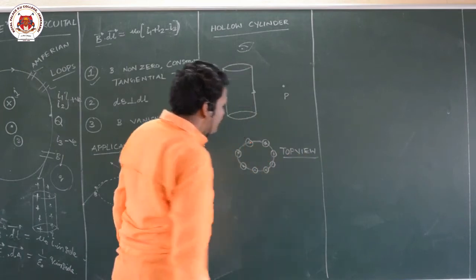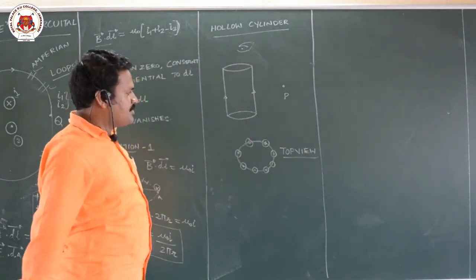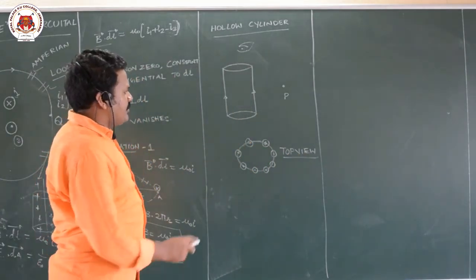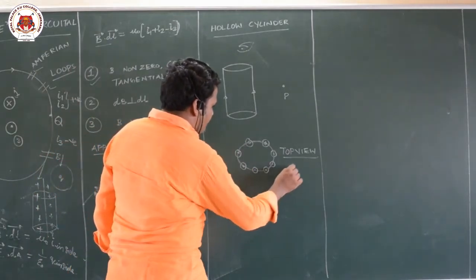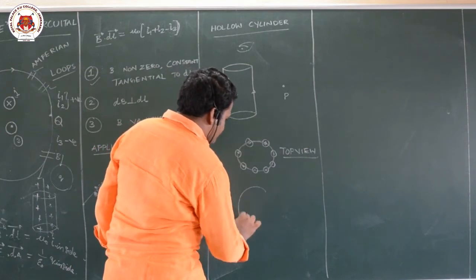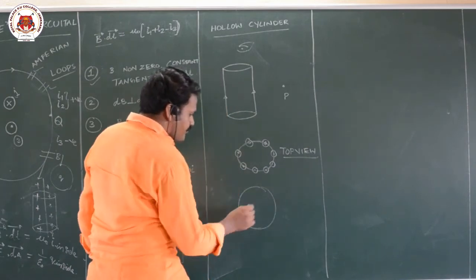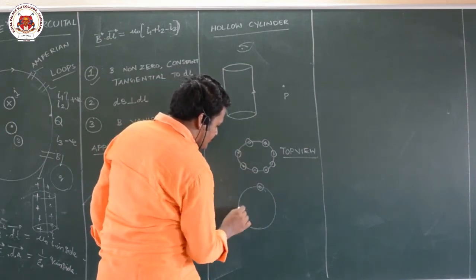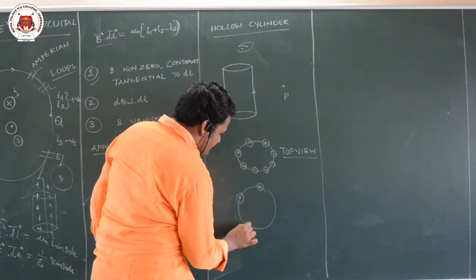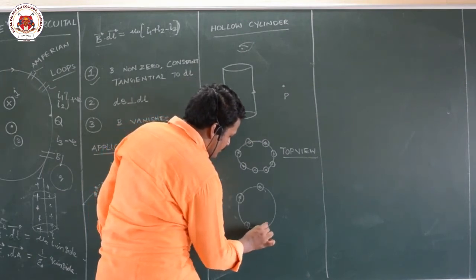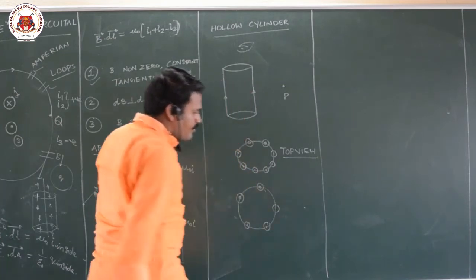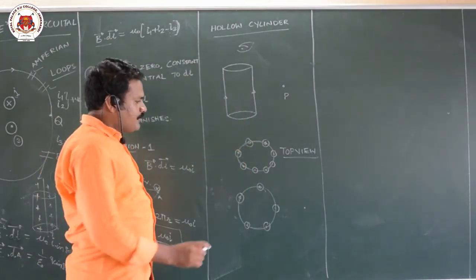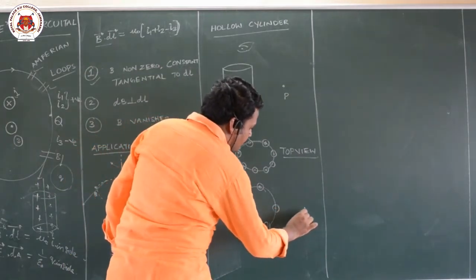When you are seeing from the top, this is the current direction, and the point P will be somewhere here. Once again I will draw. This is the top view, this is the current direction, and here you have the point of observation where you have to find the magnetic field.